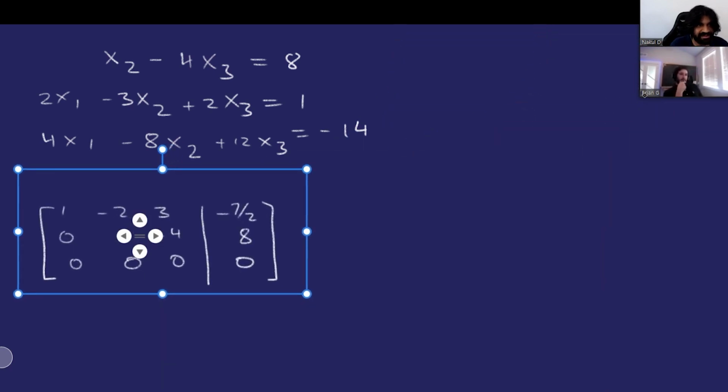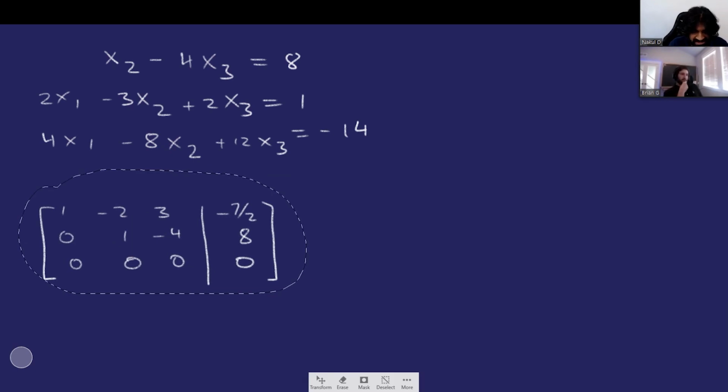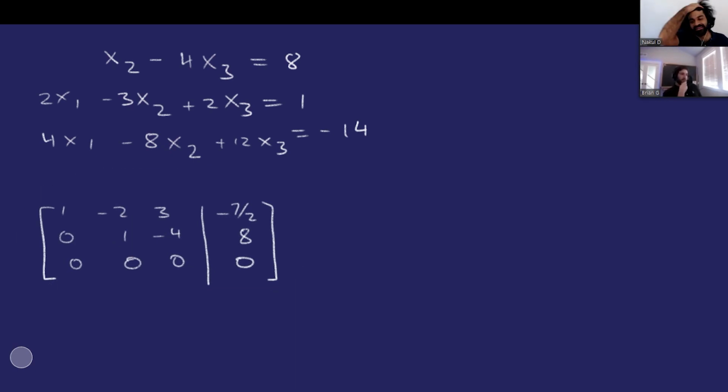Maybe I'll put it over here. What I'm going to do is get rid of this -2. I'm going to do that by adding twice the second row to the first row. So 1, 0, and then 3 minus 8, so -5.